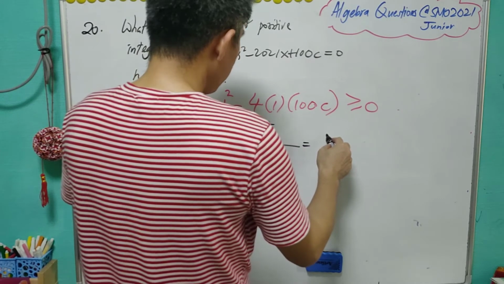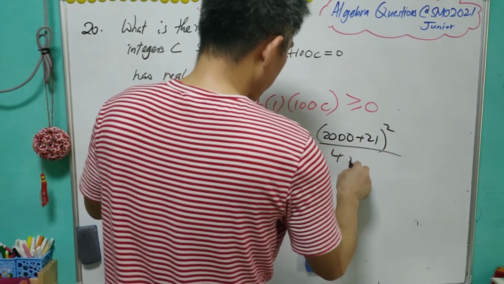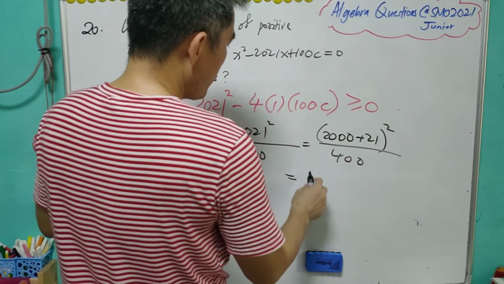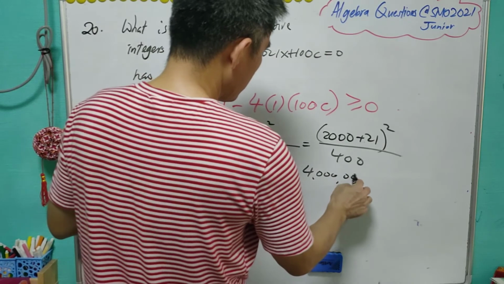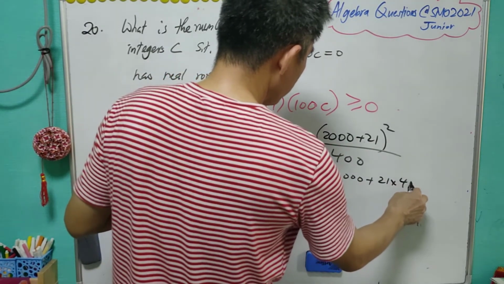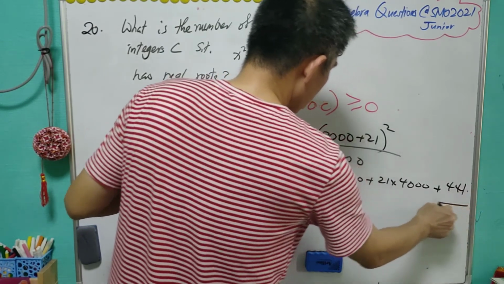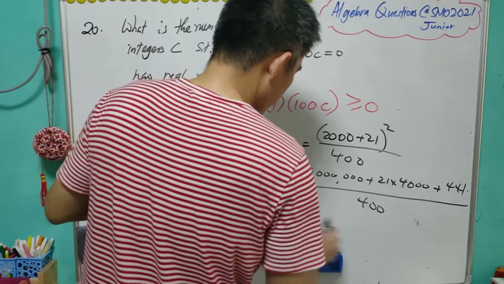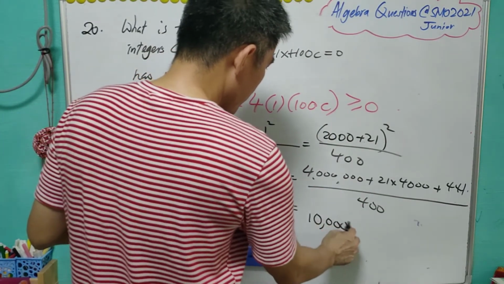2021 can be written as 2000 plus 21, squared, over 400. So that will be equal to 4,000,000 plus 21 times 4,000 plus 441, over 400. So after we cancel with 400, that is 10,000.